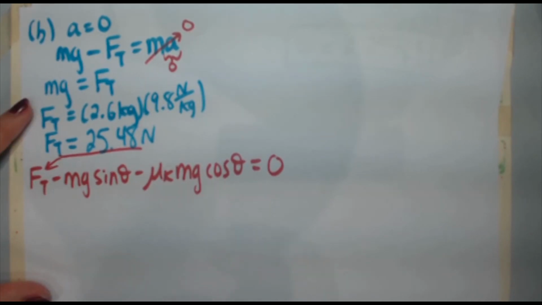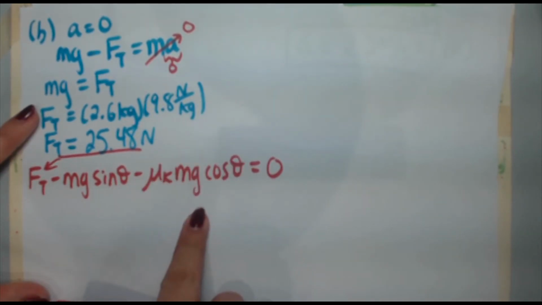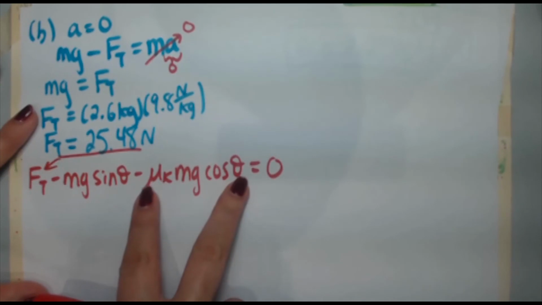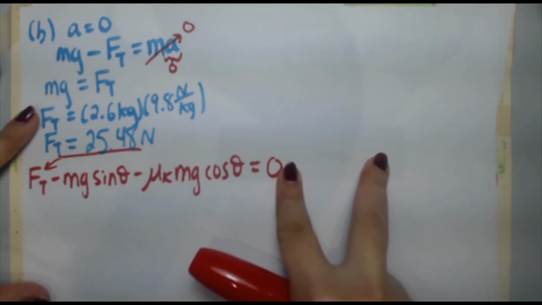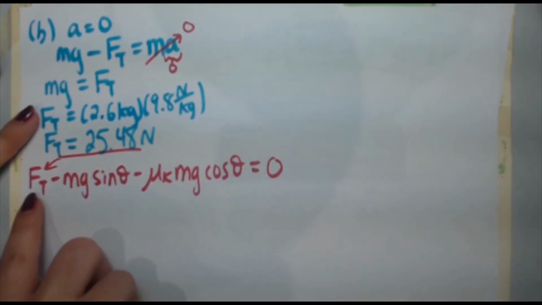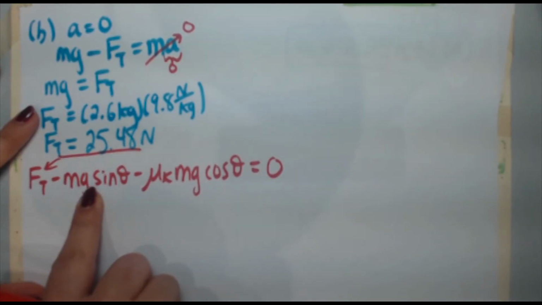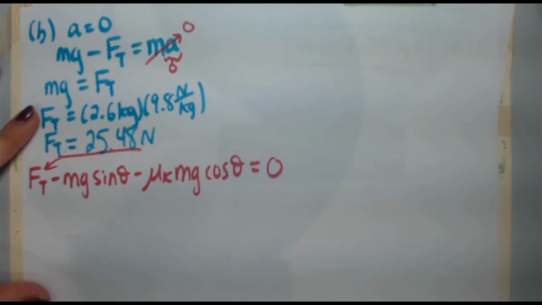Now, I'm trying to get mu k by itself. So what I'm going to do is take the expression that it's part of and move it to the right side of the equal sign to make it positive. Meaning I'm going to be left with Ft minus mg sine theta equals mu k mg cos theta.